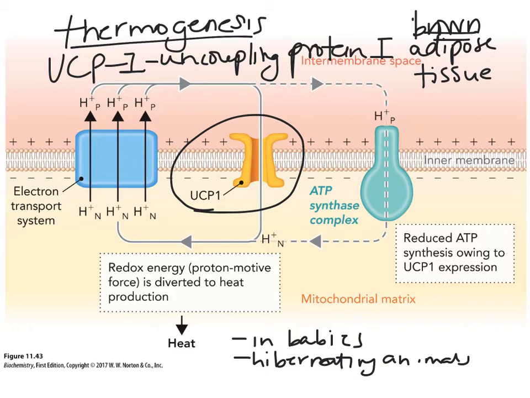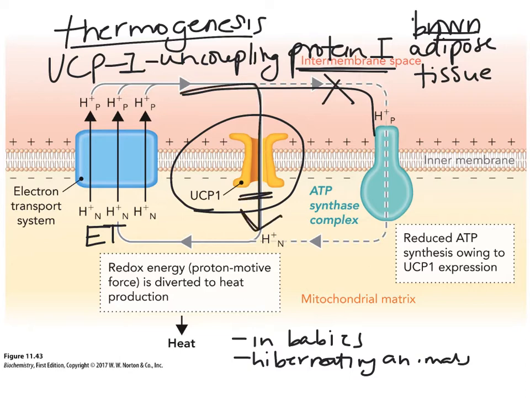Now, you still have the electron transport complexes pumping hydrogens out into the inner membrane space. But instead of the protons flowing through the ATP synthase complex, if UCP1 is in the membrane, the protons are going to flow down through UCP1, and your redox energy is going to be diverted to heat production.